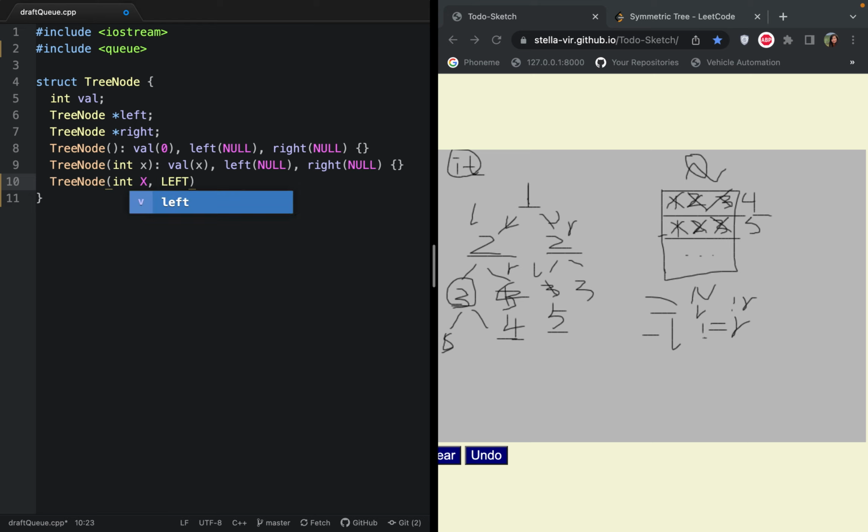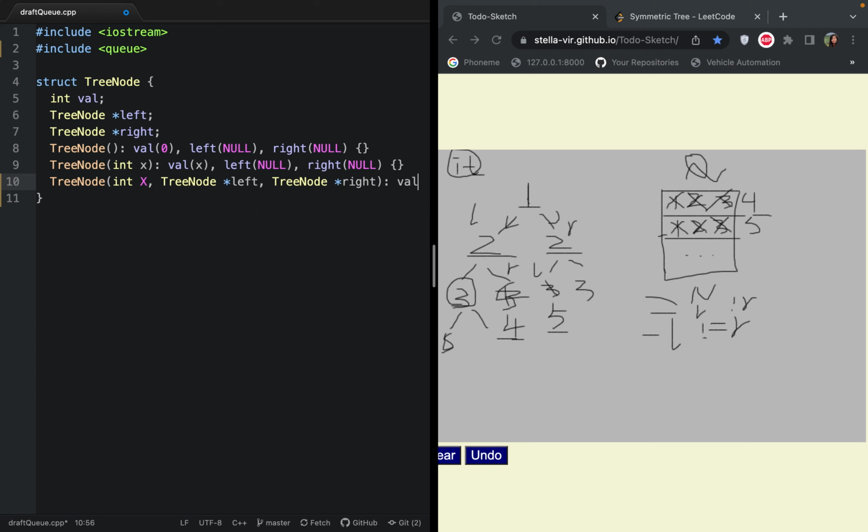So the left, I need to declare the types first. It's C++, so tree node left and tree node right.